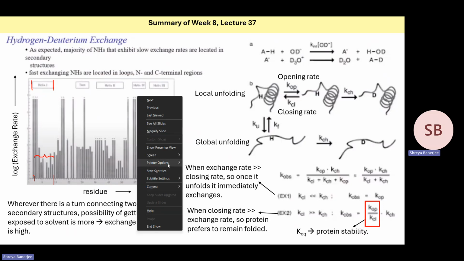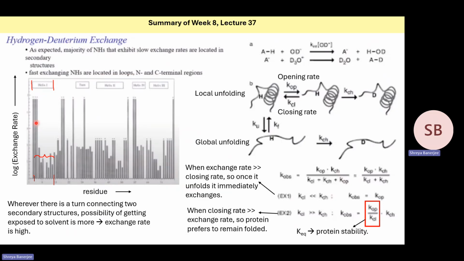Because whenever there's a secondary structure, we know that the protein is very well folded. So all the amide hydrogens will be hidden in the interior of the protein in the secondary structure. So they must unfold locally or globally so that they can be exposed to D2O and exchanged. And that takes a long time. So whenever you have a secondary structure, the exchange rate will be low.